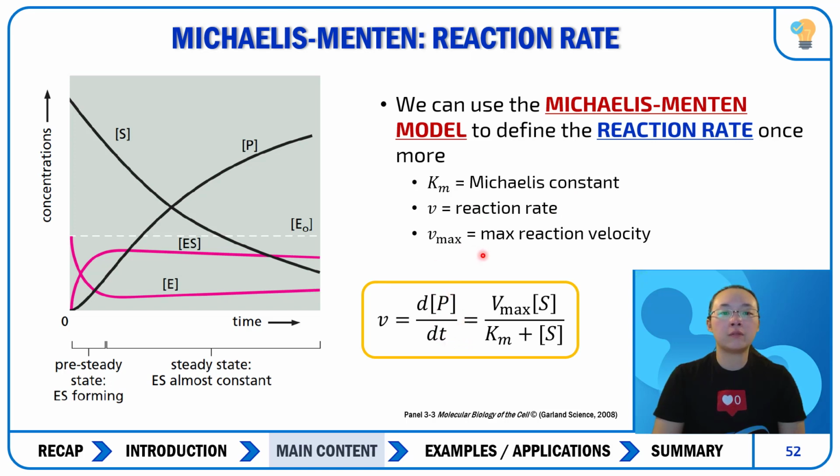And we call Vmax the maximum reaction velocity. So then, if I want to redefine everything, I can redefine it as this: V equals Vmax times S, which is your R times S, for example, divided by Km plus S. We're going to derive this in a bit.